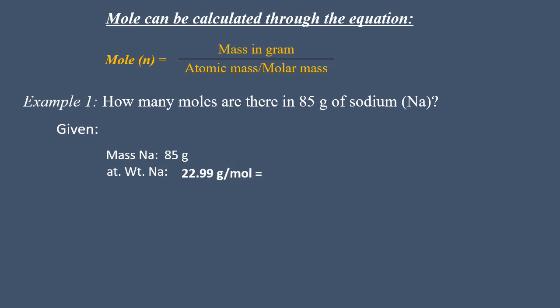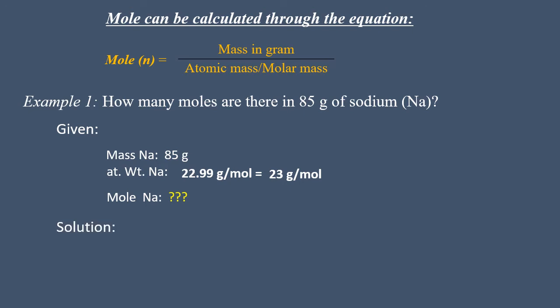Let's agree that the atomic weights or molar masses of elements will be rounded to whole numbers, so 22.99 can be rounded to 23 grams per mole. And the mole of sodium is unknown.